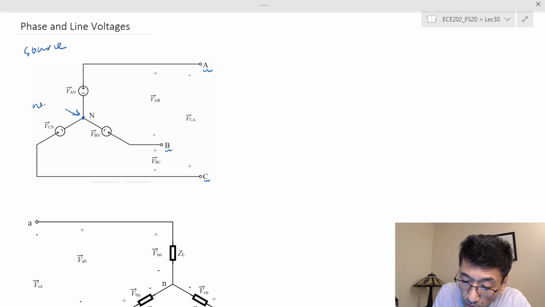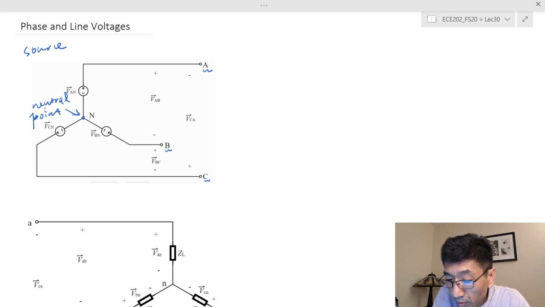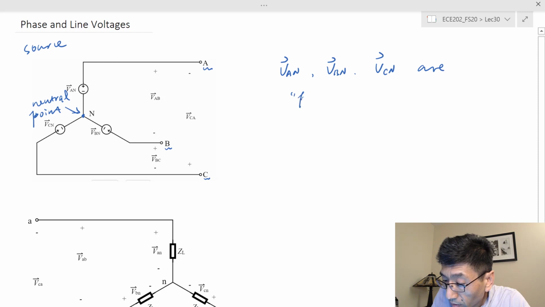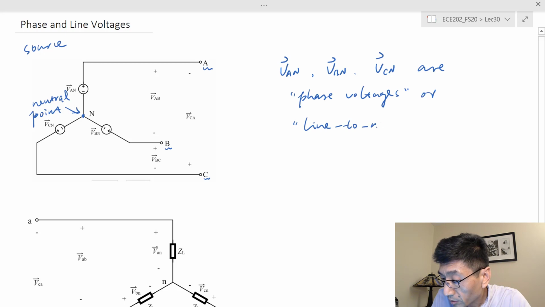So this is the neutral point of capital N. Okay, so the voltages V sub AN, V sub BN, and V sub CN, these are the phase voltages, or we call these line-to-neutral voltages, because from the line to the neutral point, line to neutral.